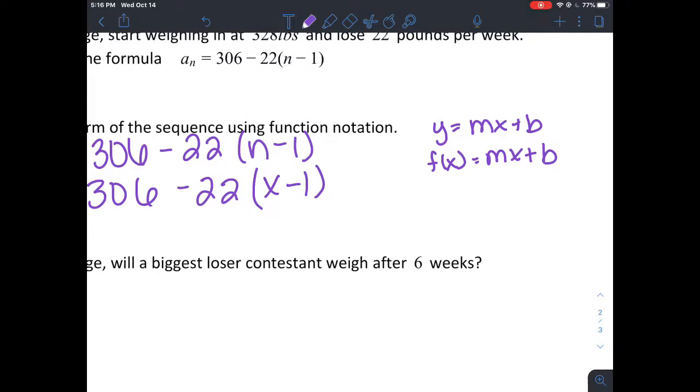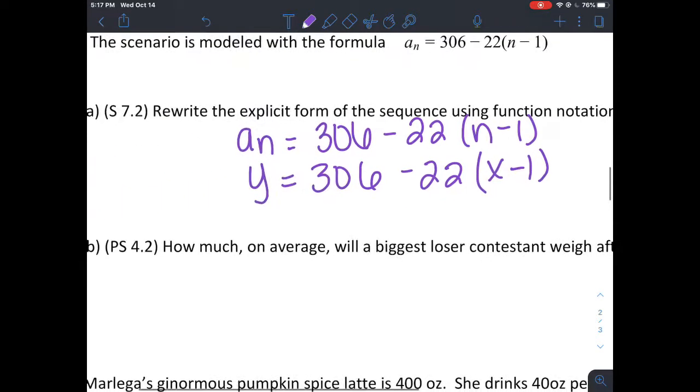It's like having 2 first names. Like Anne Marie is the first one that comes to mind. It's a first name. It's just 2 names put together to create one name. That's what y is like. y and f of x, it's one thing with 2 names to it.